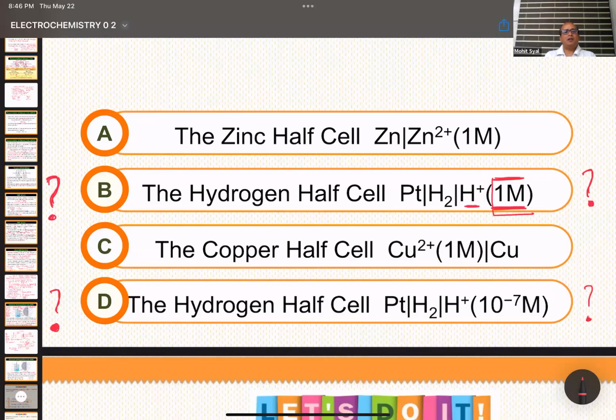Should it be 1 molar or should it be 10 to the power minus 7 molar? 1 molar. So B is the right answer. Got it? Right, Ibrahim? Yes, sir. B.